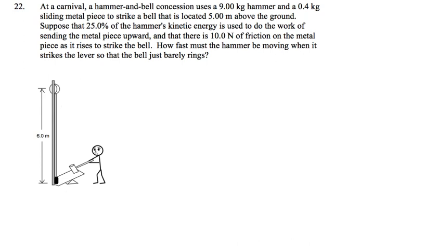So we're going to write our equation, and like I said, we're writing it for the metal piece. So we have KO plus UO plus W. Now, remember I told you there's 2 W's. There's the work that's due to the hammer, and then there's the work that's due to friction.